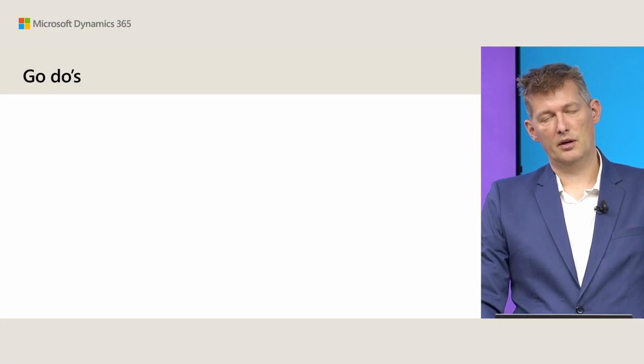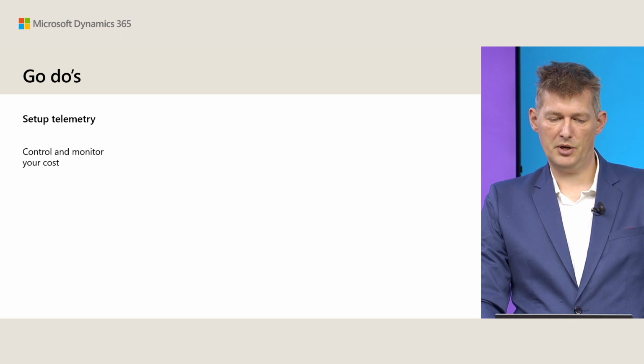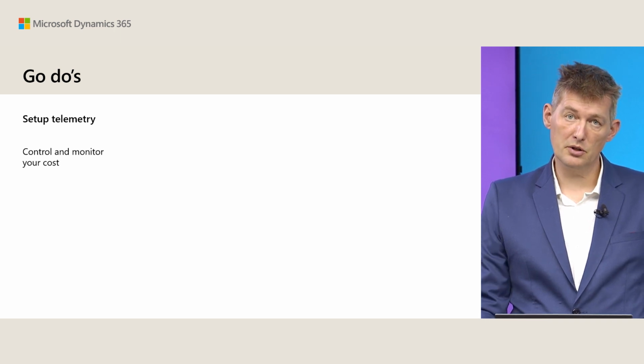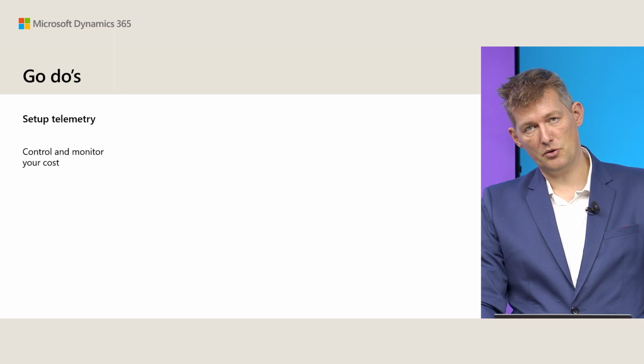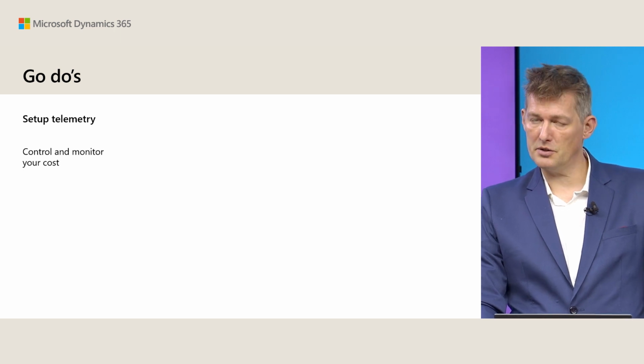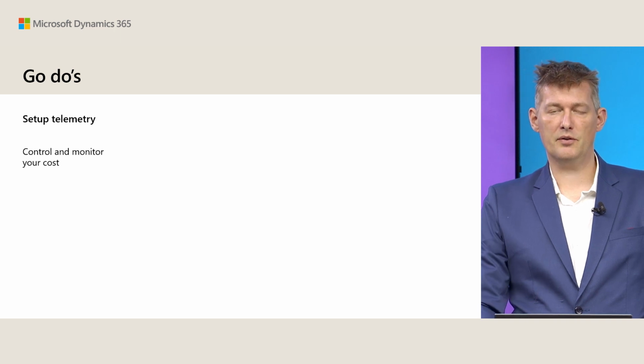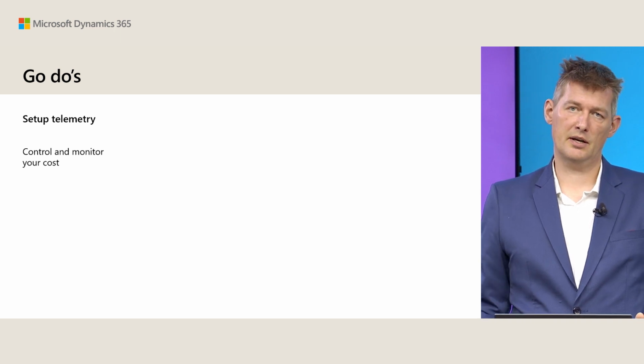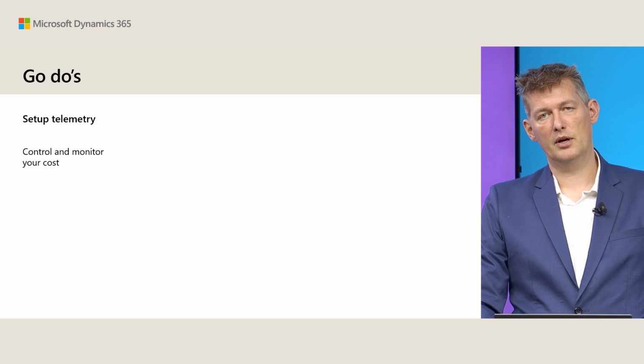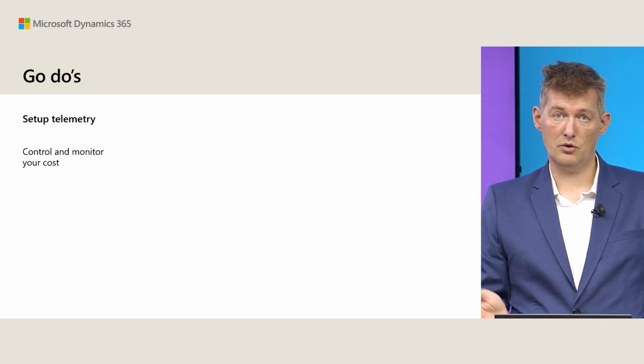So, wrapping up, some to-dos for you to take home to your partner practice. First of all, of course, set up telemetry and make sure that you set up and monitor costs so you don't get any nasty surprises there. It's an Azure service like anything else, so make sure that you have some cost control there.